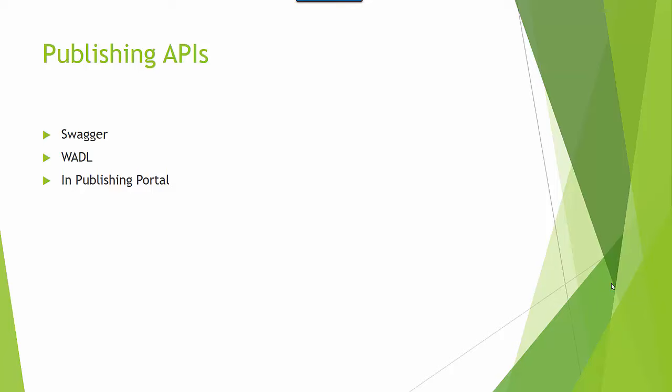When I go to publish an API, the typical way is to take the Swagger from my API or the WADL from my API, and right in the publisher portal, we can import that, and I'll show you how to do that in a second. Or you can design the API directly in the API management portal. One of the good things about that feature is, say you're building an API for some developers to build a phone app.